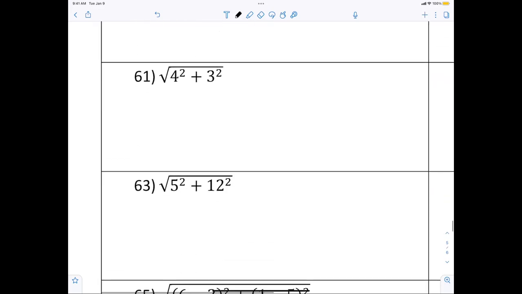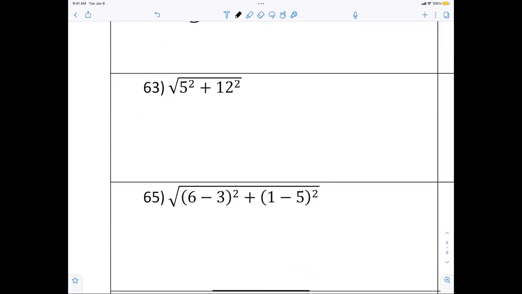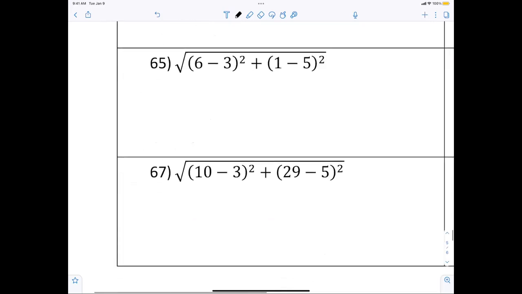Ashley, what did you get for number 61? 5. Perfect. All right, here we go. 63. Jolie. 13 is correct. All right, next. Trey, all right, one second. I hope so.